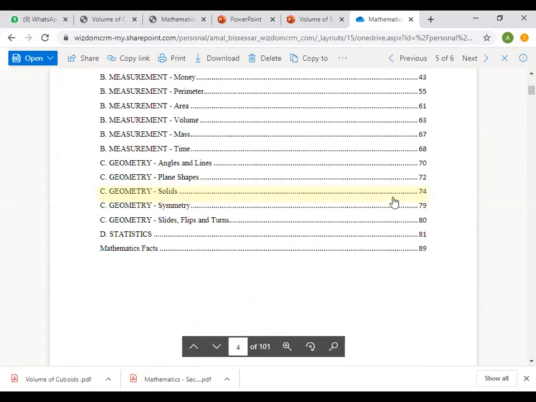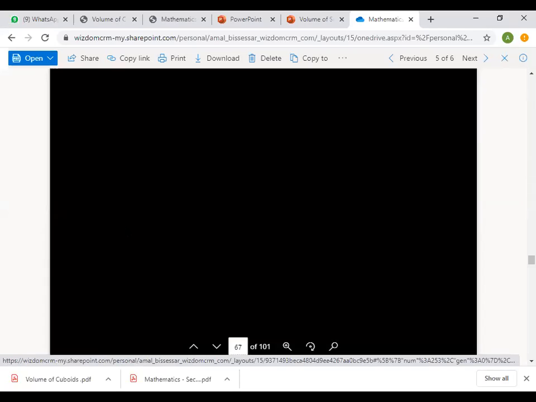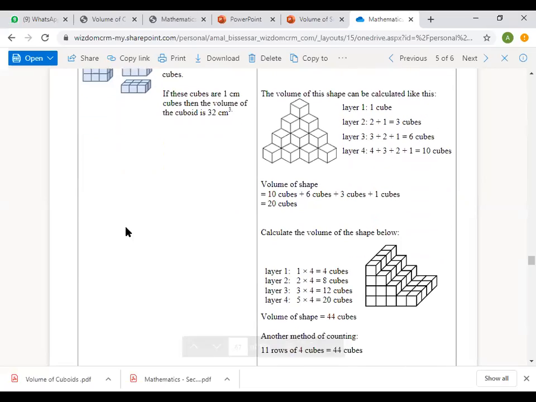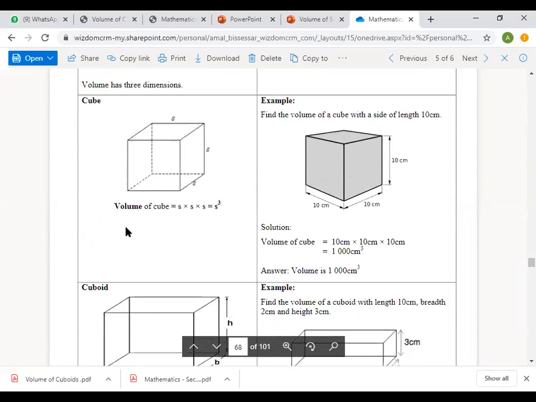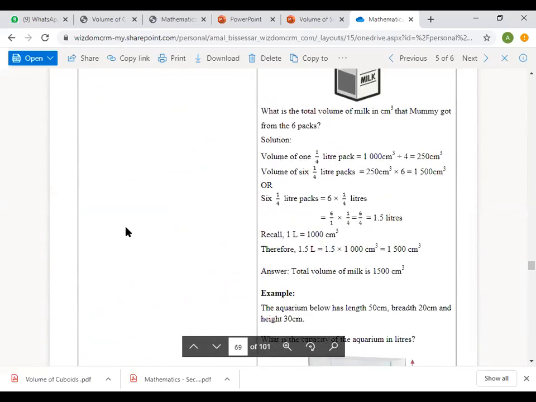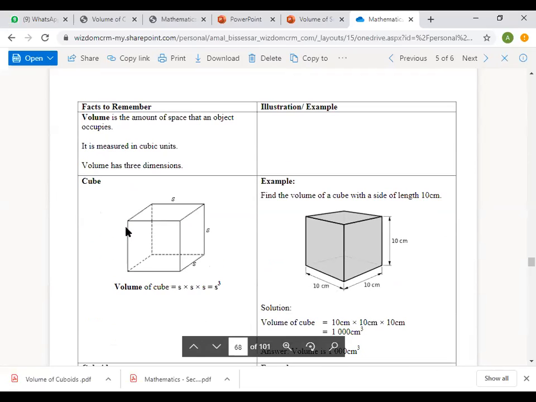You can also say, you know what, I want to get some more information about volume. Look, it's here, page 63. And they will break down volume for you and give you even more information on how they would have worked out volume. At the moment, this is what I want you to focus a little bit on.